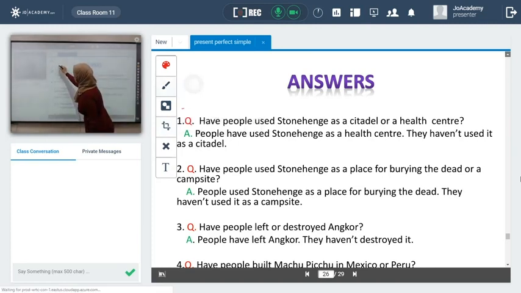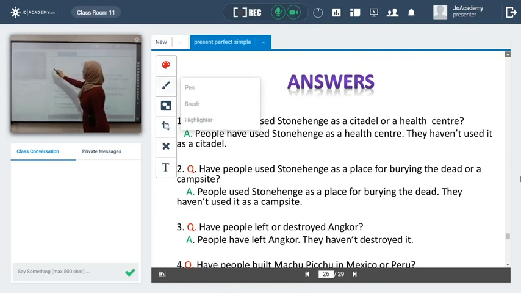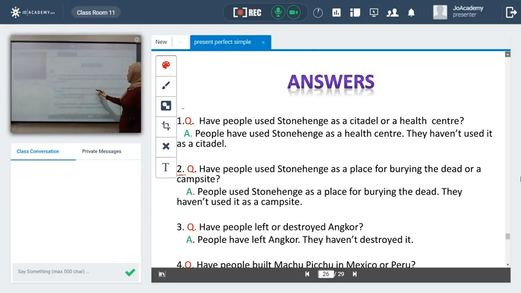The answer is in number 2. Here, have people used Stonehenge as a place for burying the dead, or as a campsite? So the answer is in the affirmative case. People have used Stonehenge as a place for burying the dead. They haven't used it as a campsite.